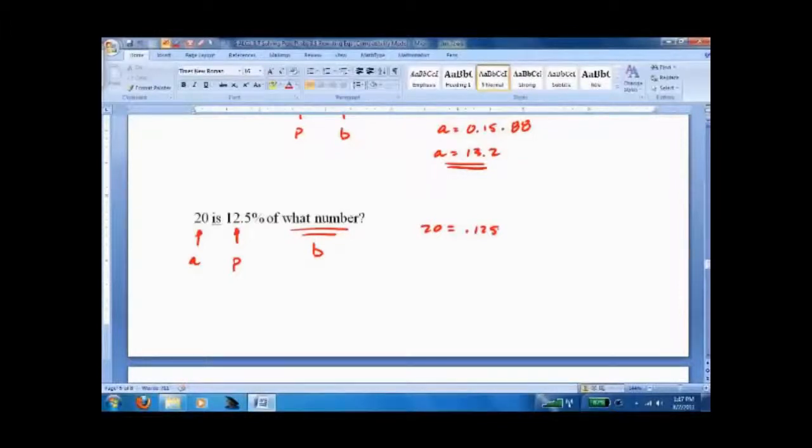Simply move the decimal point 2 places over, times B. So divide by 0.125, divide by 0.125. You get B equals 160. Simple enough. Lots of practice on these. You can get lost and confused. Always come back to A equals P% times B. That will set you free.